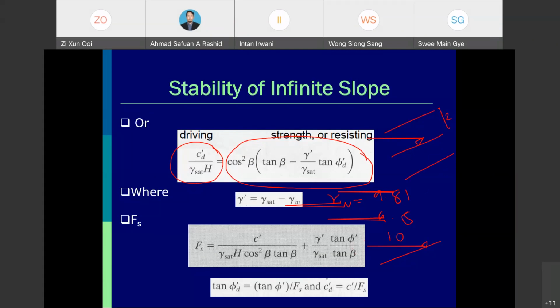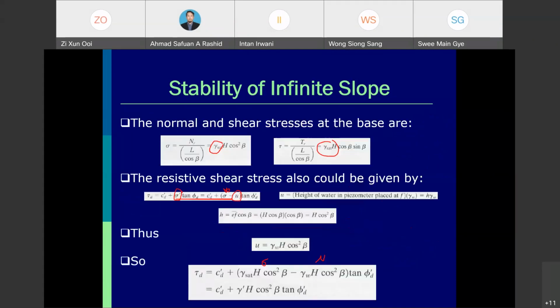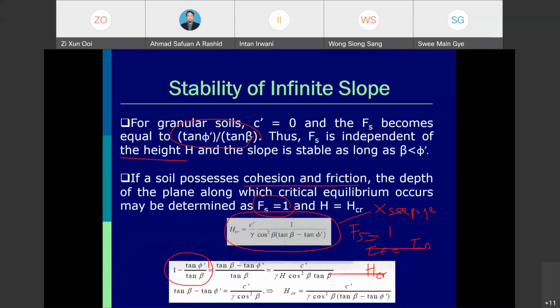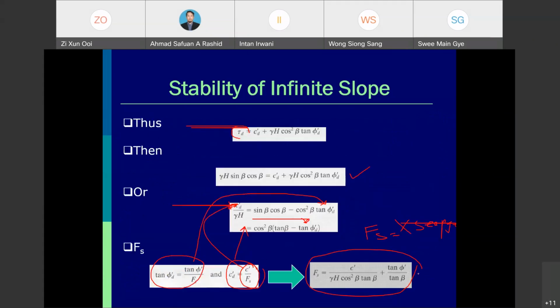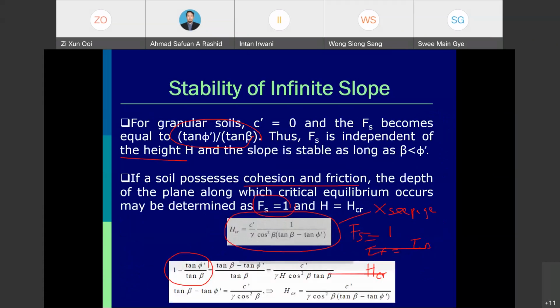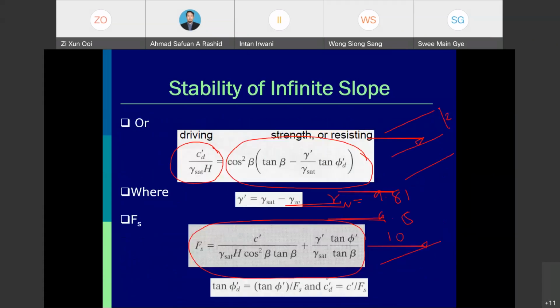Definitely we could not use this formula, and also the first one, because that is without seepage. This is the case where the seepage is at the surface of the slope. For this case, the seepage is 2 meters below the slope.